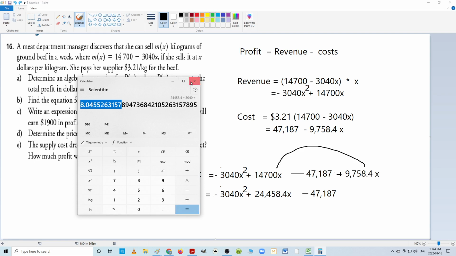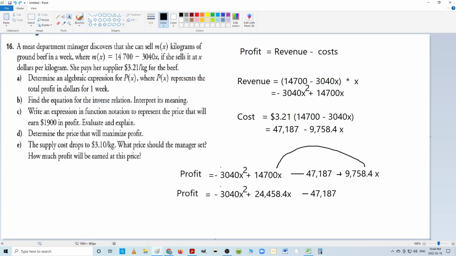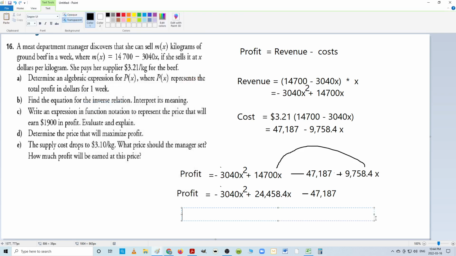Which means, because you're not going to quite get it perfect, but if you're going to leave it as a fraction, it's going to be x squared minus roughly that. I'll just leave it as a decimal. It doesn't really matter. X, and then the number doesn't matter.